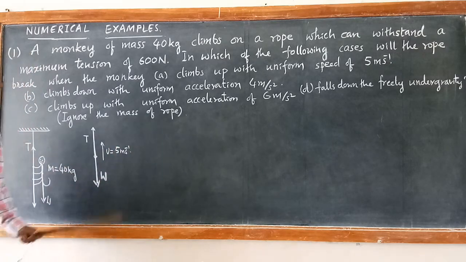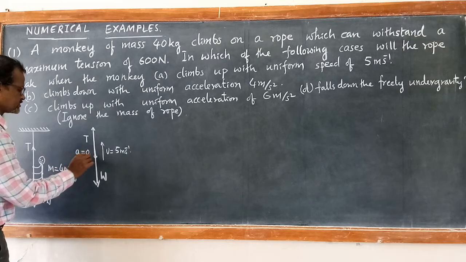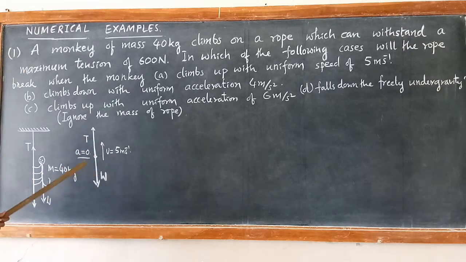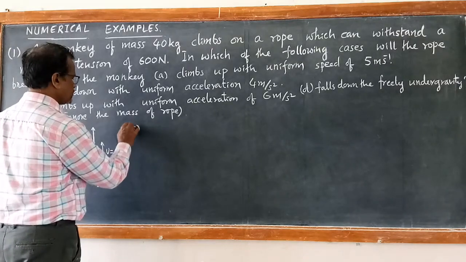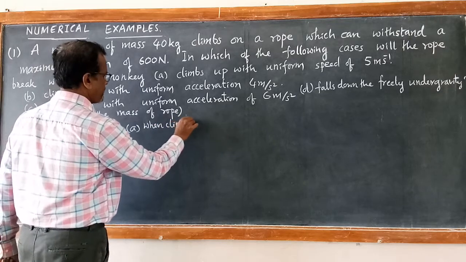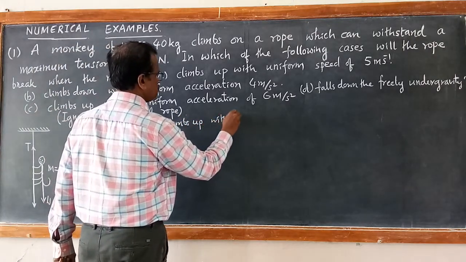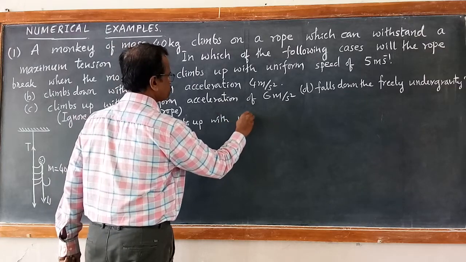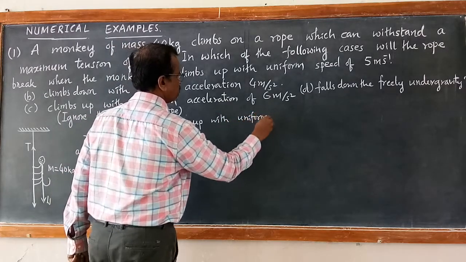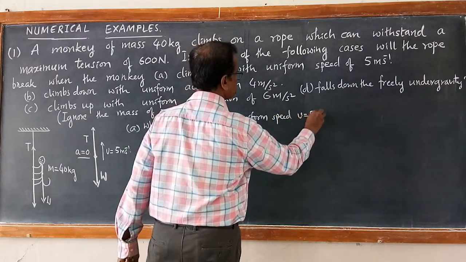If the speed is uniform, then what is the acceleration? Acceleration is 0. So no net force. So net force in the first case is 0. So a, when the monkey climbs up with uniform speed, v equal to 5 meters per second.